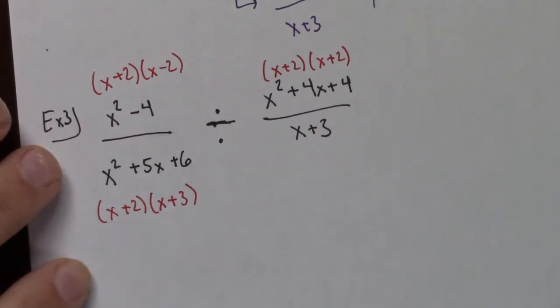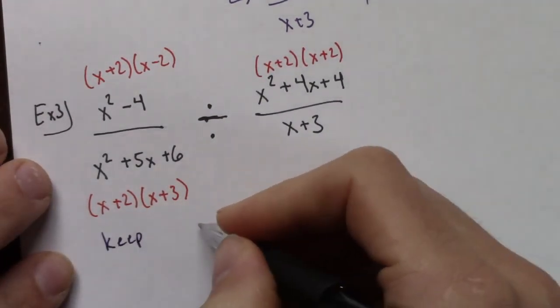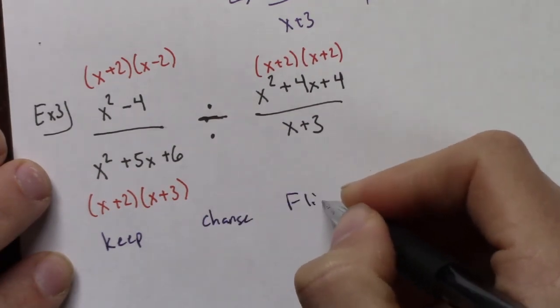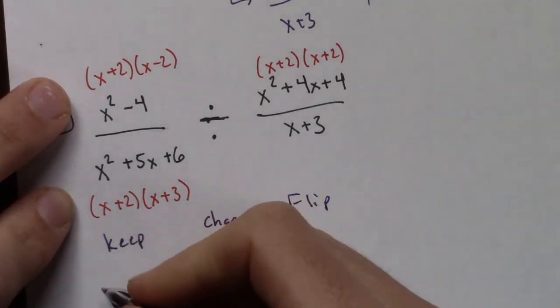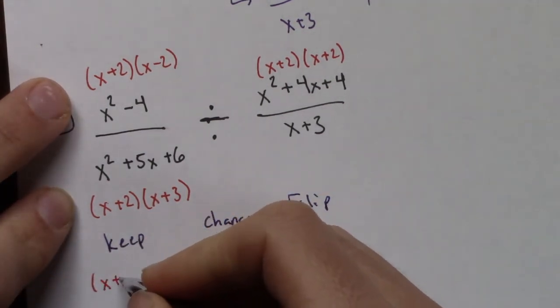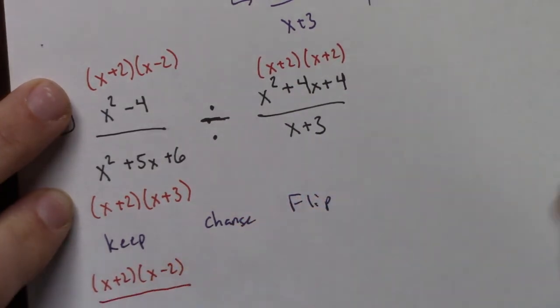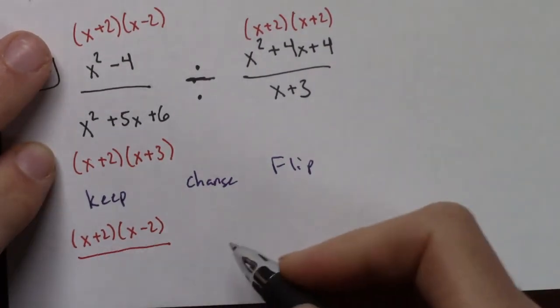So if we follow our blueprint from before, our blueprint says that we need to keep, change, flip. So here's the deal. I keep that first fraction. So that first fraction will be x plus 2, x minus 2.